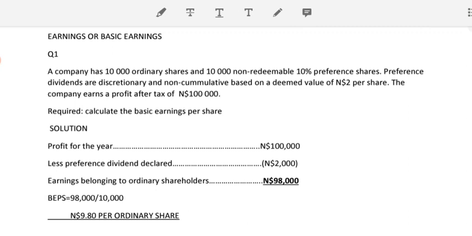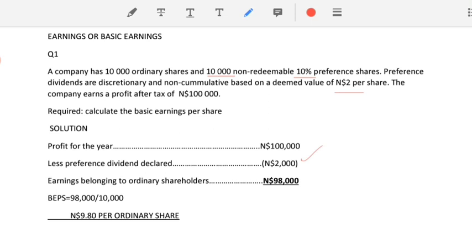We do that by taking the profit after tax for the year, less the dividend that's distributable to the preference shareholders, which is calculated as the 10,000 multiplied by the 10% and multiplied by $2, and we get 2,000.